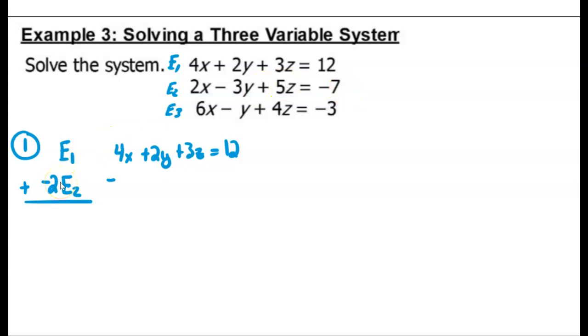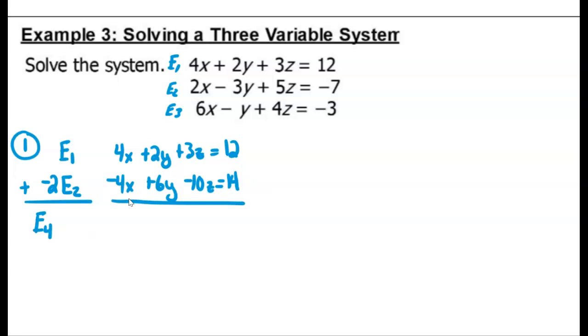That would be negative 4x plus 6y minus 10z equals 14. And what I did is I multiplied this whole row by negative 2. Now look what happens. Your x's are going to eliminate, and that's our goal. We are creating a new equation. I'm going to call it equation 4. And the whole point here is that it eliminates x.